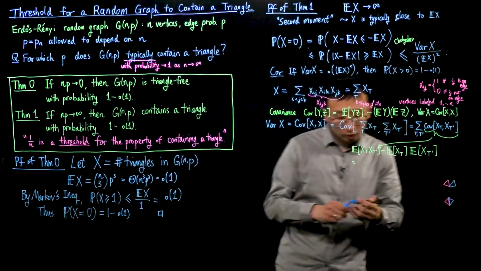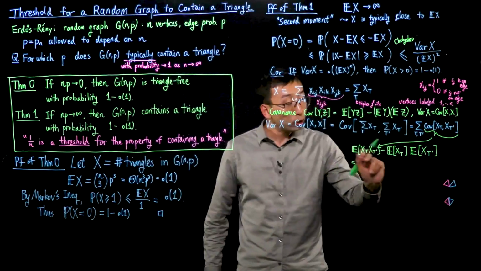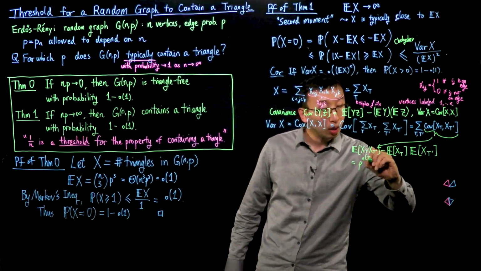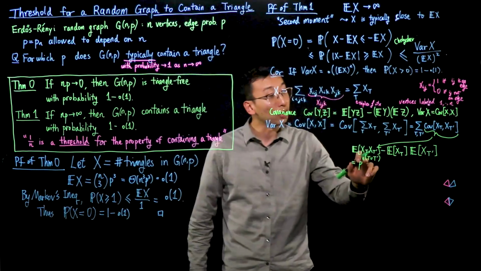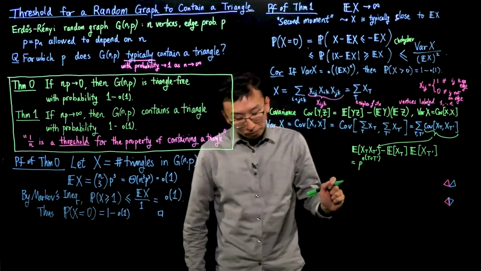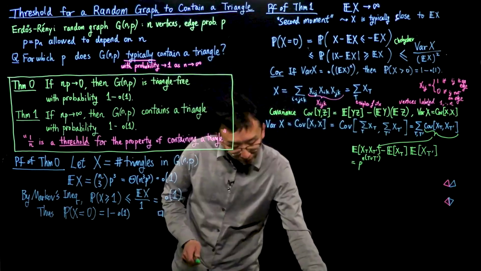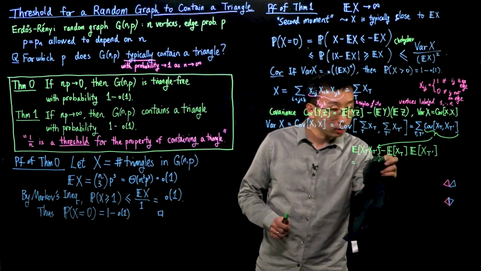But no matter what the configuration is, the first term always equals p raised to the number of edges contained in the union of T and T prime.